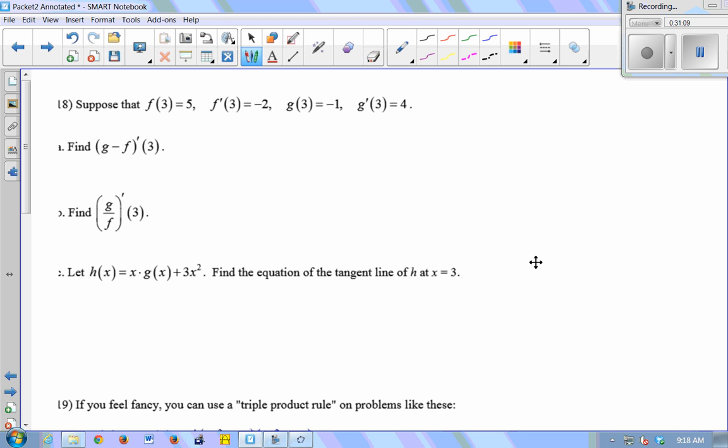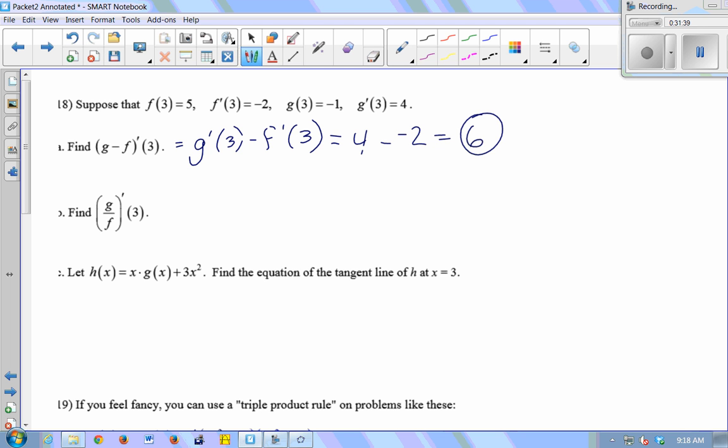So how do we take the derivative of a sum or difference? Take each one individually. So this is just g prime of 3 minus f prime of 3. Right? Super easy when you have a sum or difference. G prime of 3, they told us was 4, and f prime of 3 is -2, so I get 6.